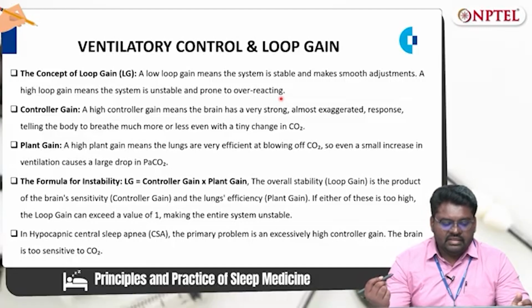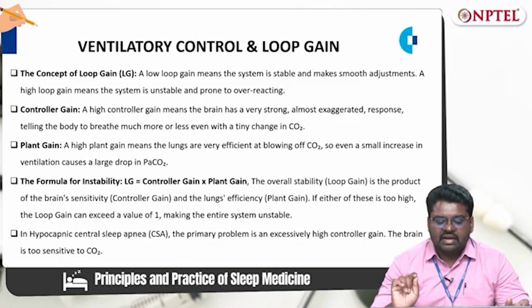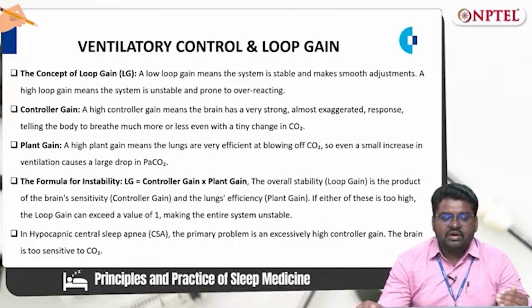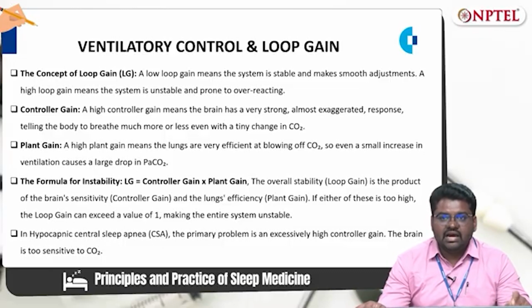Okay. The next is controller gain. A high controller gain means the brain has a very strong control of respiration. So, almost an exaggerated response, telling the body that at this time you have to breathe more or less, even with minute changes in carbon dioxide levels. The next concept is plant gain.